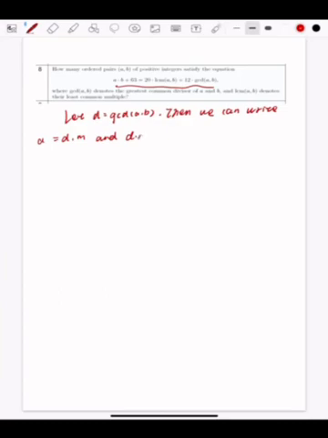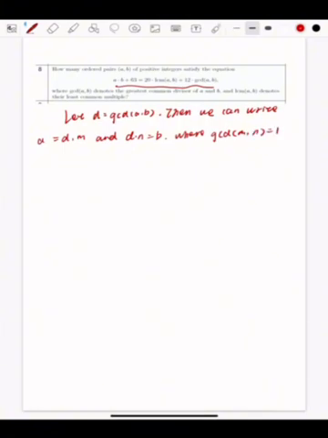Okay, let's find the number of the ordered pairs A, B of the positive integers that satisfy the above condition. And so now we let D, then we can write here, and for this one.